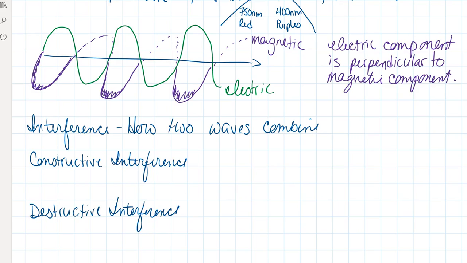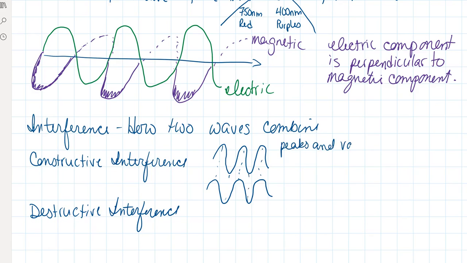When we take a look at constructive interference, I have two waves whose wavelengths line up perfectly in phase with one another. So in this case, my peaks and valleys line up perfectly. And what happens when they combine is I get a wave with twice the amplitude.